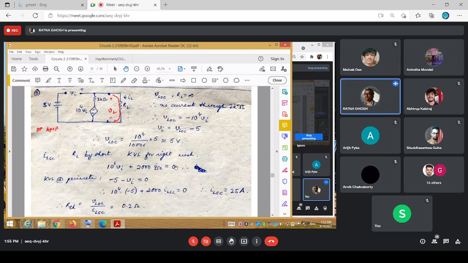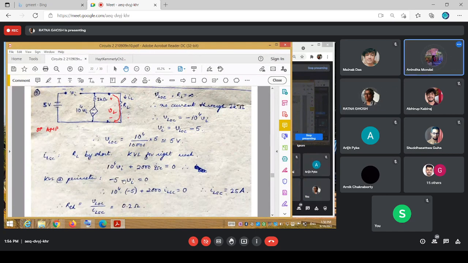Done? Next, since it is a short circuit, what is the value of VLSC? It will be 0. Now if I write the KVL around the perimeter, we have minus 5, minus VI, plus VL, this is 0, is equal to 0.